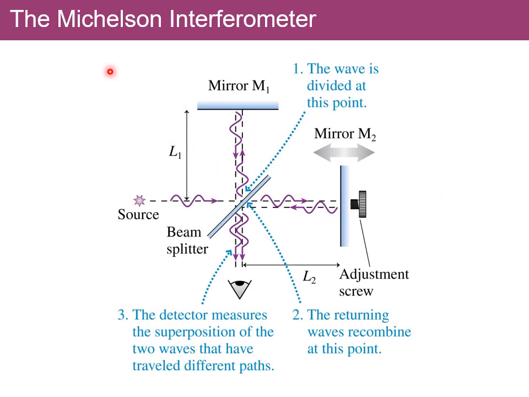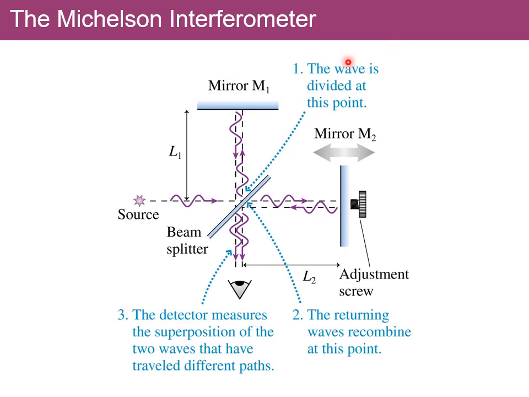Here we see the Michelson interferometer. Note that the wave is divided by the beam splitter, which could be as simple as a half mirror. Half of the beam then reflects from mirror 1, while the other half reflects from mirror 2, which can be moved back and forth with a micrometer.